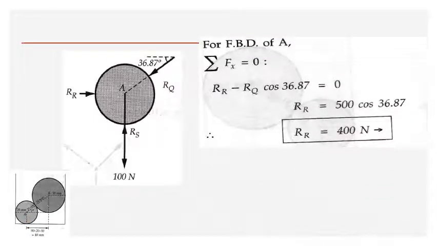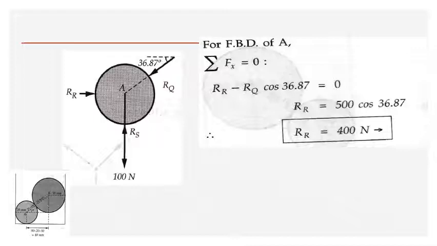So what we have to do, we have to apply the conditions of equilibrium. Sigma Fx is equal to 0, or sigma H is equal to 0. What are the forces acting? RR, that is acting horizontally, and the horizontal component of RQ, that is RQ cos 36.87, which is acting towards left, so it is minus. The 100 Newton and RS forces are acting vertically, hence they do not have any horizontal component, only two horizontal forces.